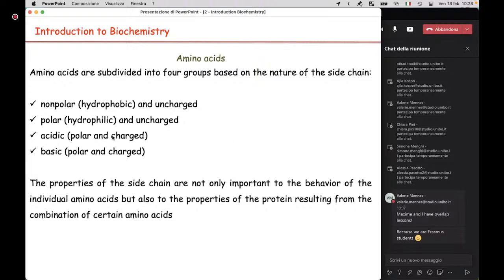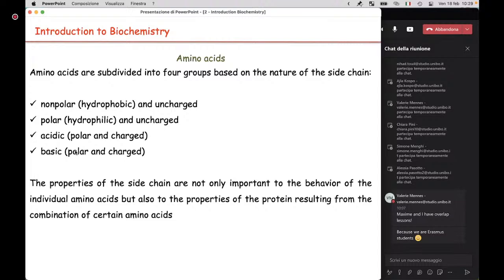Of course, the final structure of a protein depends practically totally from the kind of amino acids that are connected one to the other, and that form its basic structure.